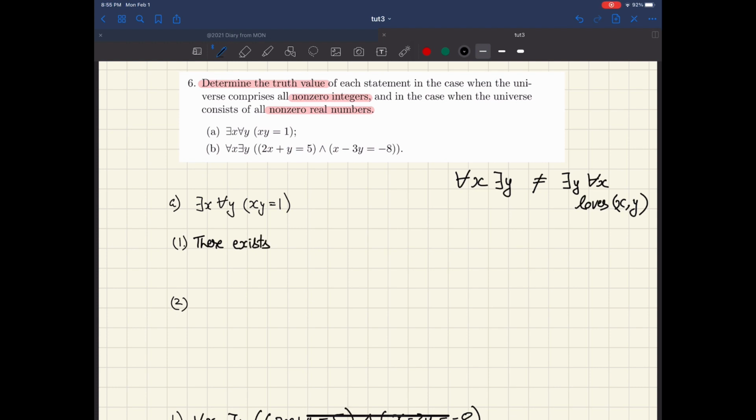So it would be there exists a non-zero integer x for which xy is 1 for all the choices of non-zero integer y.